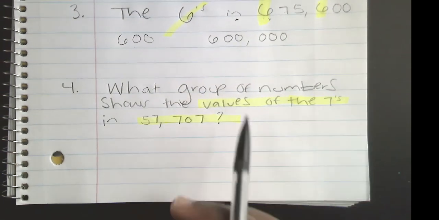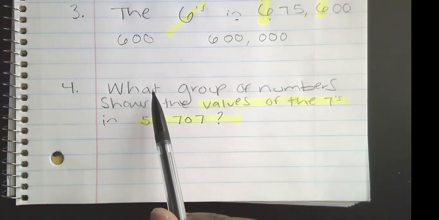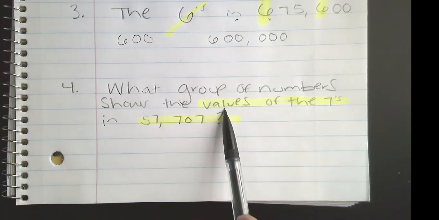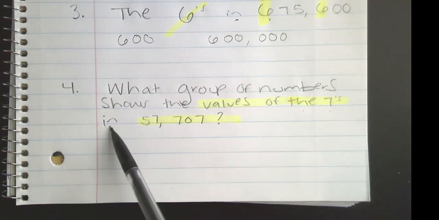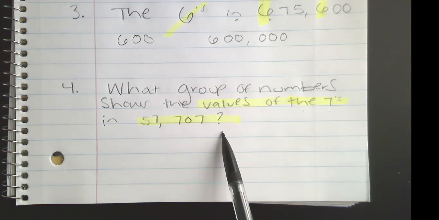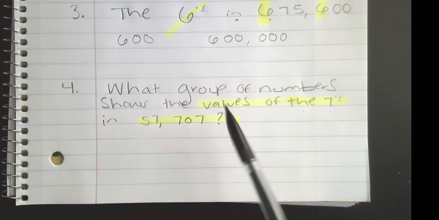Now, my fourth example and question to you is, what group of numbers shows the values of the 7s in 57,707, okay? Now, when you're thinking about that, you're thinking about the values of the 7 specifically, okay? And I'm gonna write those out because we've done those with the examples up there, okay?